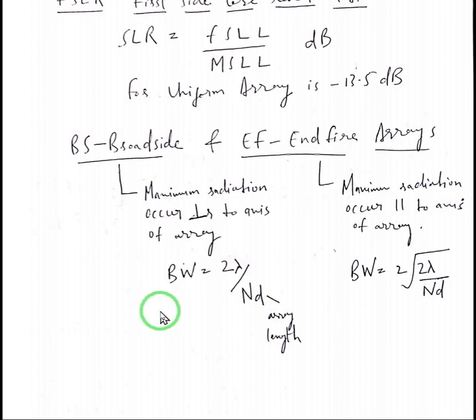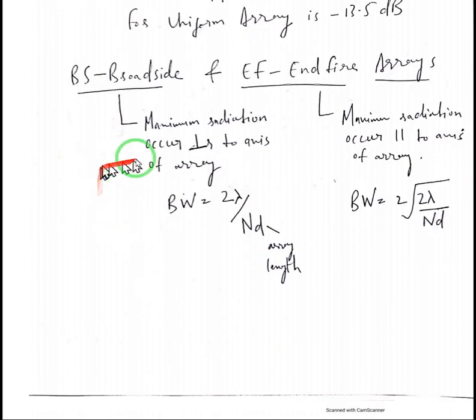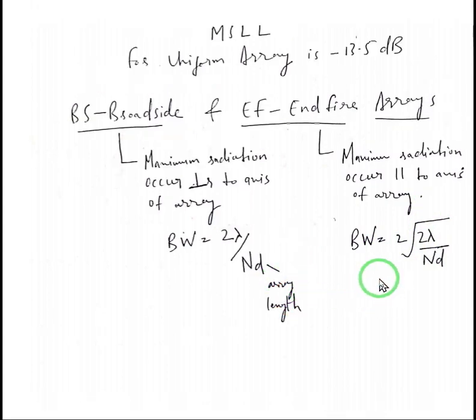The beam width of both types of arrays is given: for broadside it is 2 lambda by nd, and for end-fire it is 2 root 2 lambda by nd. Nd is the length of the array.